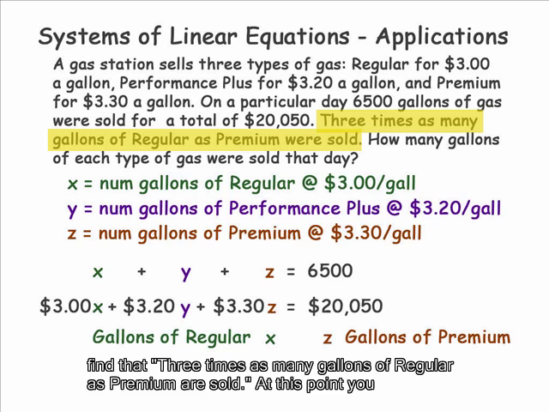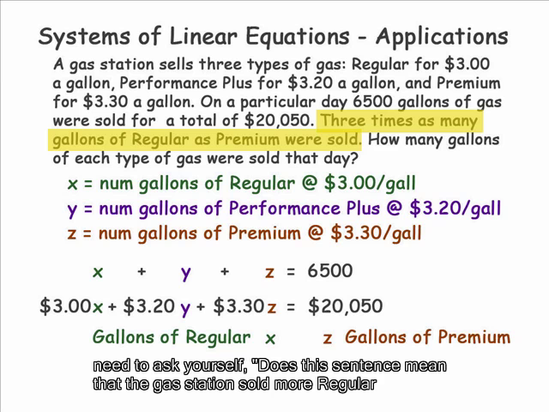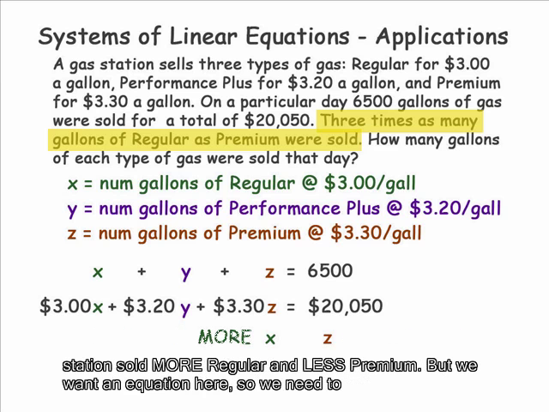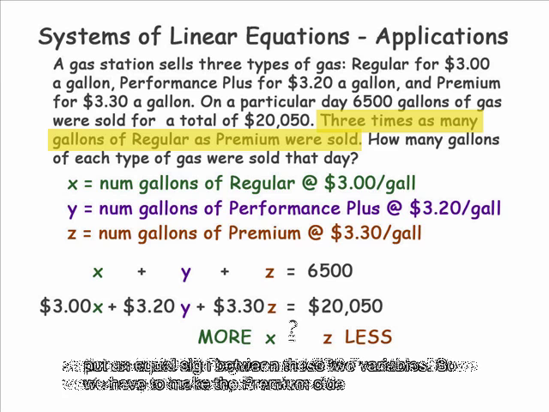At this point, you need to ask yourself, does this sentence mean that the gas station sold more regular or more premium? Well, 3 times as many gallons of the regular means the gas station sold more regular and less premium. But we want an equation here, so we need to put an equal sign between these two variables.